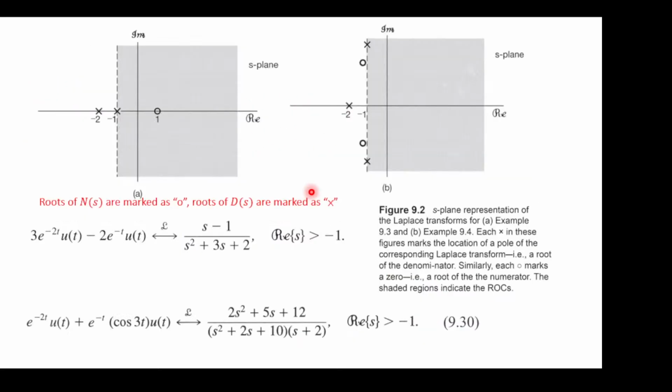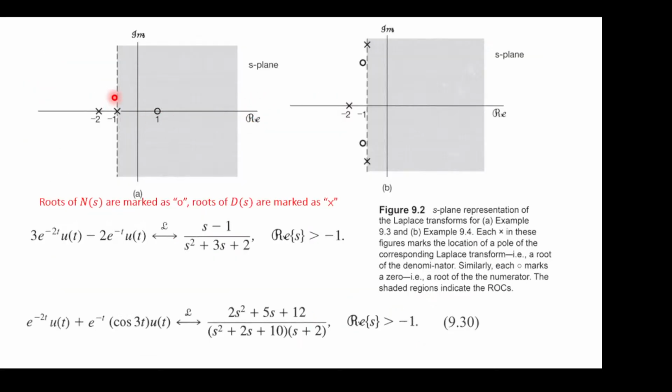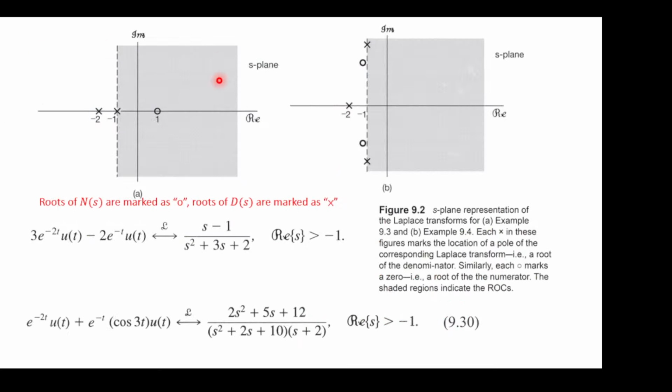So we like to draw the roots on the s-plane. So we draw the roots of the denominator as a cross. So those will be the poles of X of s, a point where X of s is going to infinity. And then we draw zeros, the roots of N of s, with a circle on the plane. And then we usually draw ROC with those shaded areas.